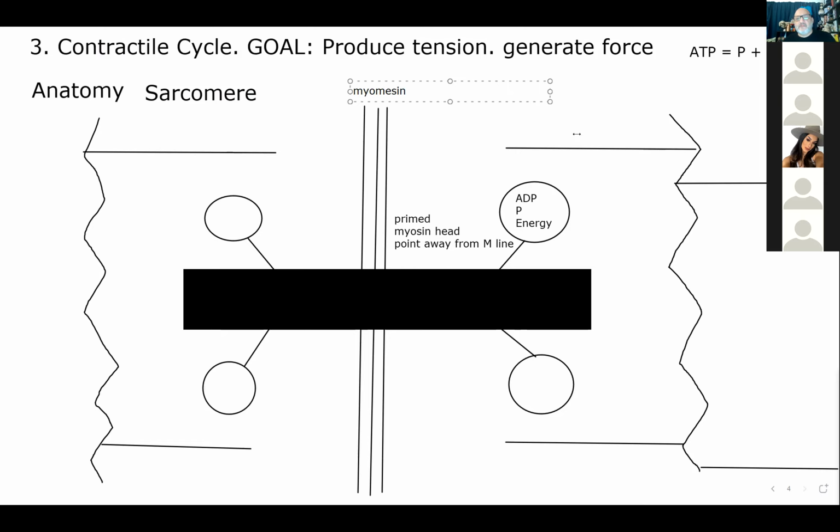Our myosin, our actin, our myosin, our Z disc. We know we have that, I'll draw it here in brown. Remember, we also have that titin protein.